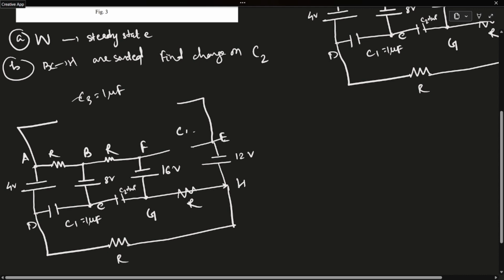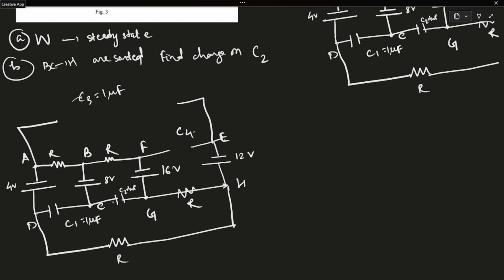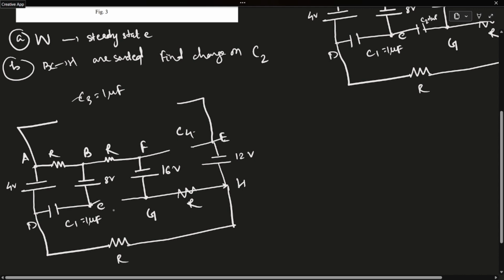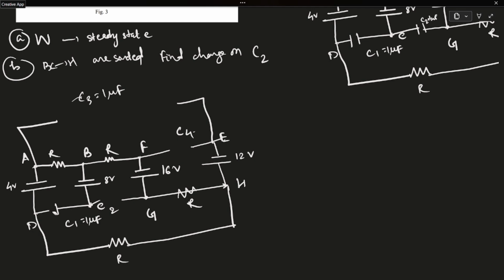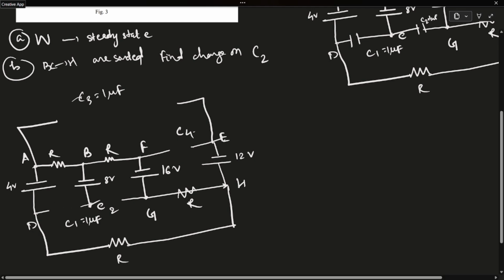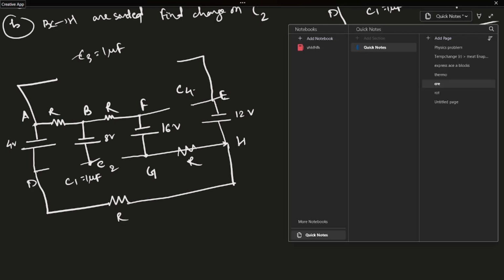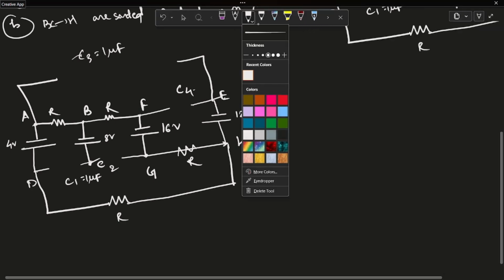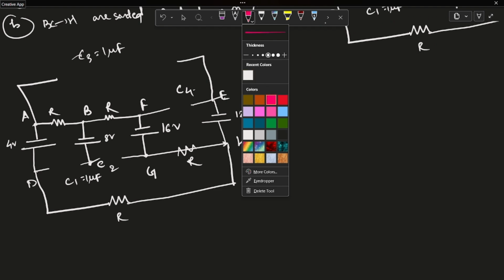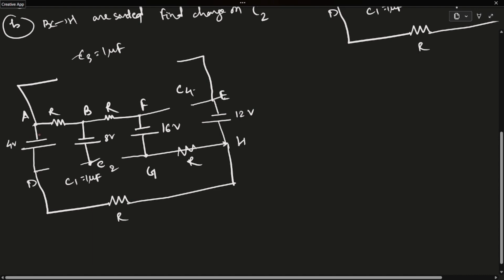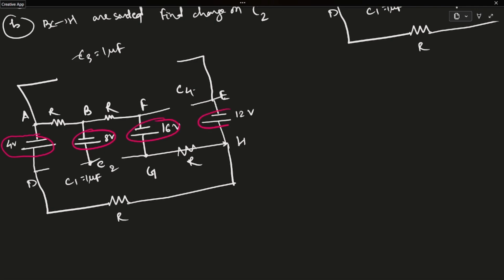Capacitor, what is C4? C2 is C1. So our circuit becomes like this. There is a battery here, there is a battery here, there is a battery here, there is a battery here.